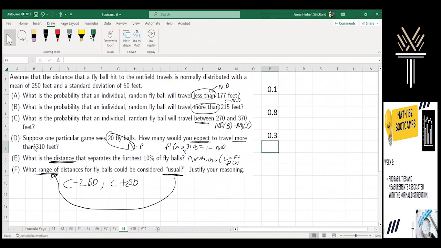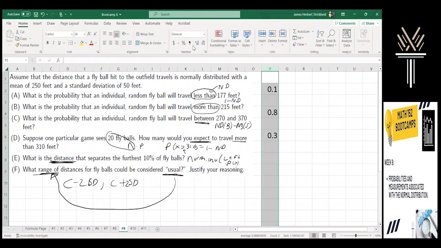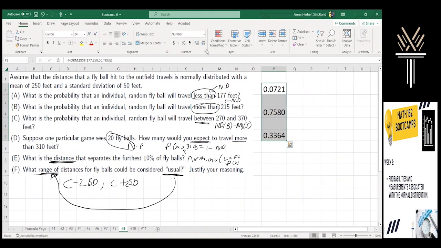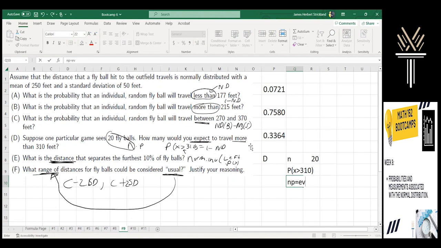Okay, for our D case, and don't forget, of course, these are all rounded. If we go back and adjust our decimals, we can see that they're not going to be those exact calculations. So always check your decimals. But for our expected value question, part D, we know we need our N, which you're told is 20, and we need our P. I need N times P, which is my expected value.